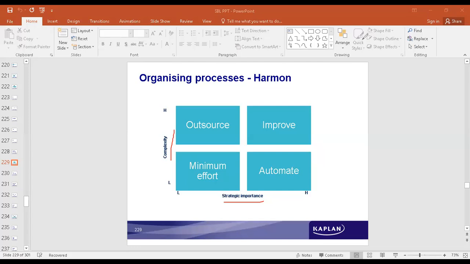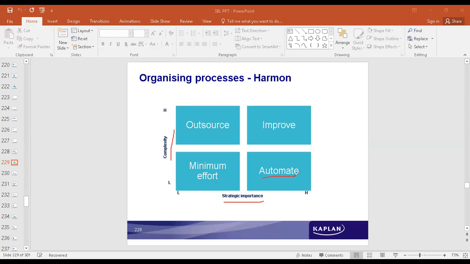Then if the strategic importance is on the higher side and the complexity is low, then it should be automated, because activities which are of similar nature can be assigned to machines, so that machines do the work much better and faster than human beings.